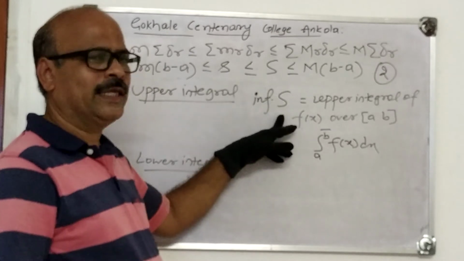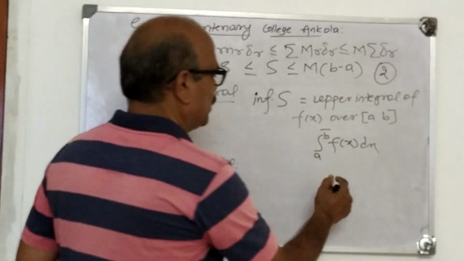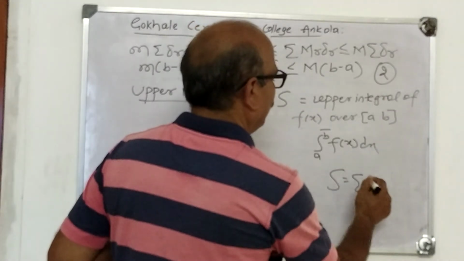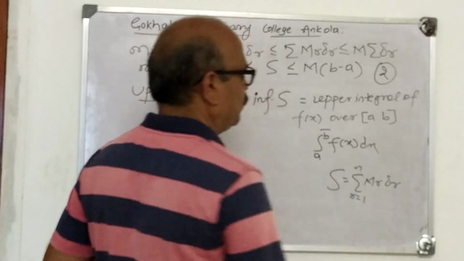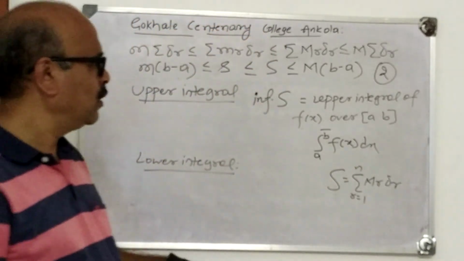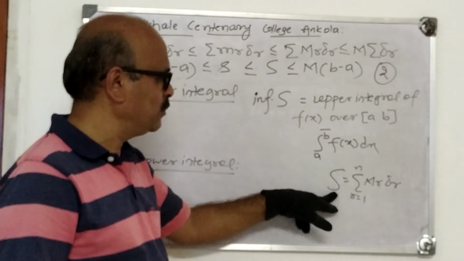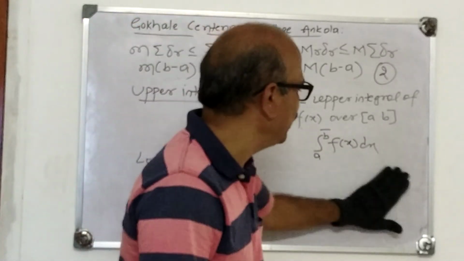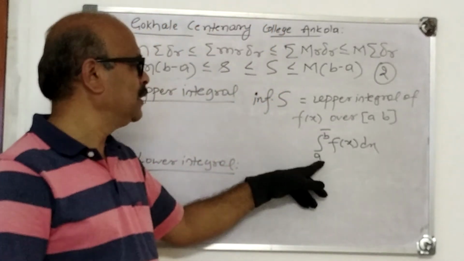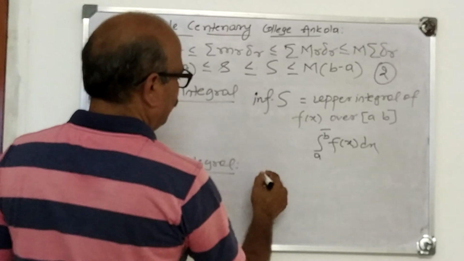Suppose capital S is the set of all upper sums. What do you mean by upper sum? Upper sum means capital S is the sum of capital MR delta R, R equal to 1 to n, where capital MR is the upper bound. Now this capital S, the set of all S, is bounded. The infimum of this S is called the upper integral of f(x), and it is denoted by the integral from a to b with a bar. Now the lower integral.